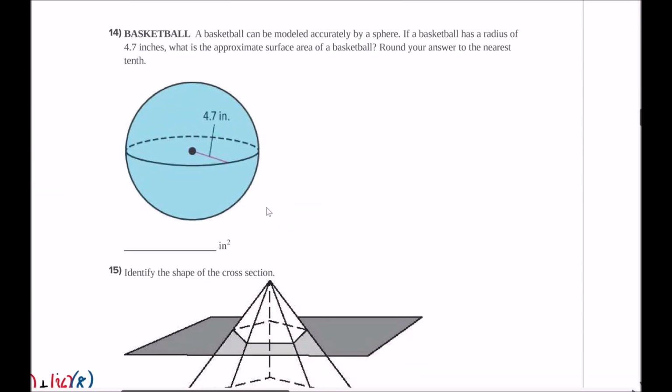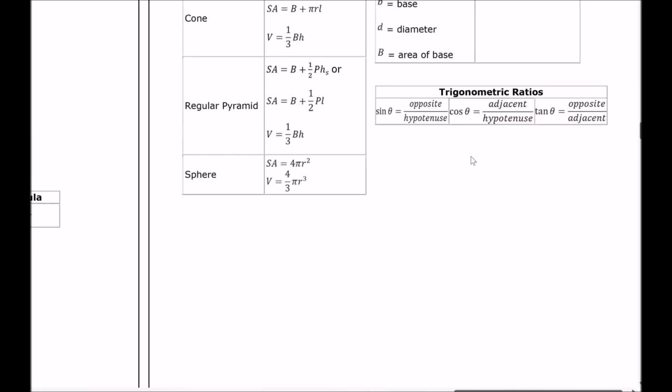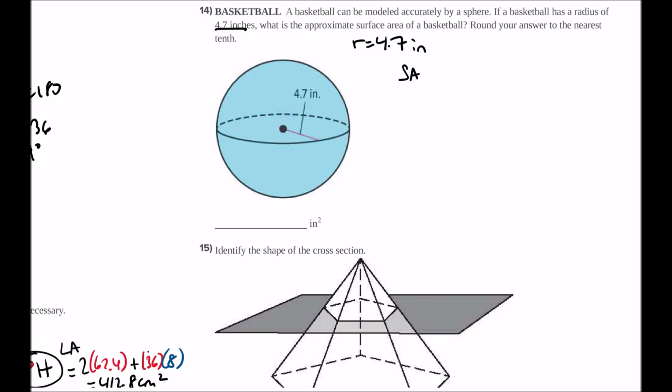It says a basketball can be modeled accurately by a sphere. The basketball has a radius of 4.7 inches. What is the approximate surface area of a basketball? Round your answer to the nearest tenth. So we're going to go here to a sphere. The surface area is 4 pi r squared. So really straightforward: 4 pi times 4.7 squared.